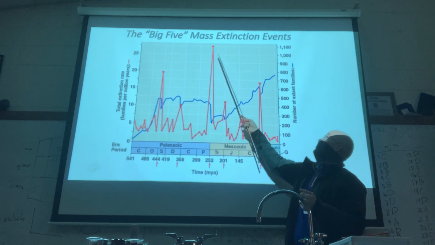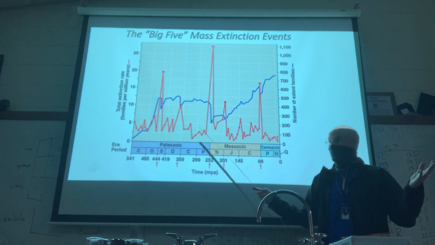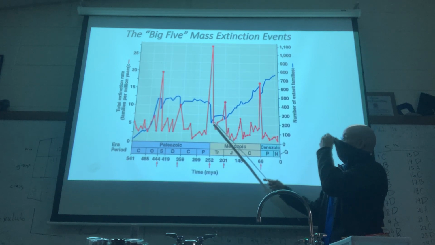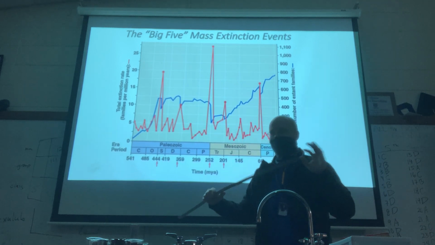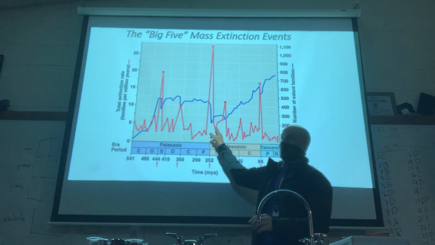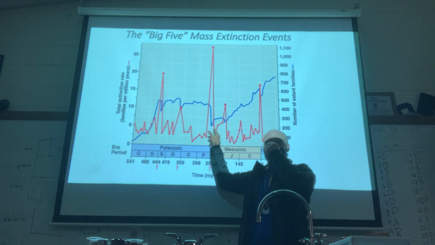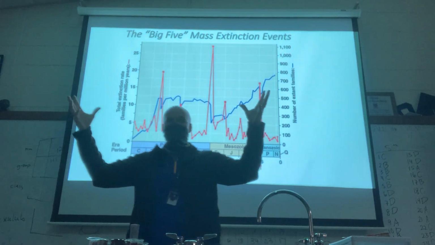Once you have life survive whatever this event was, then it is capable of bouncing back, but it bounces back in an interesting way. The survivors of a major mass extinction, like I said, have a whole world in front of them.